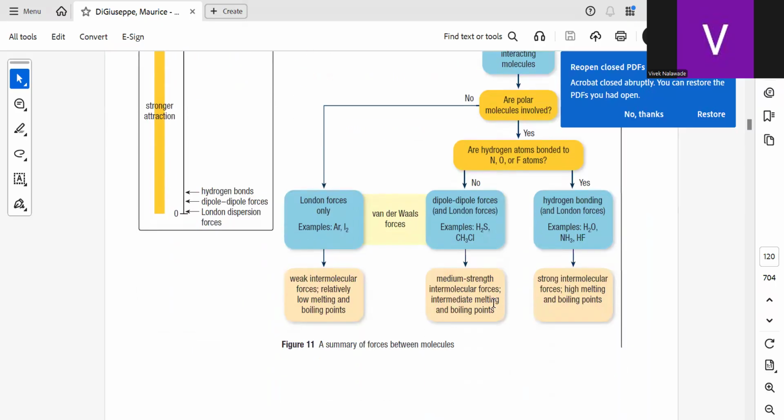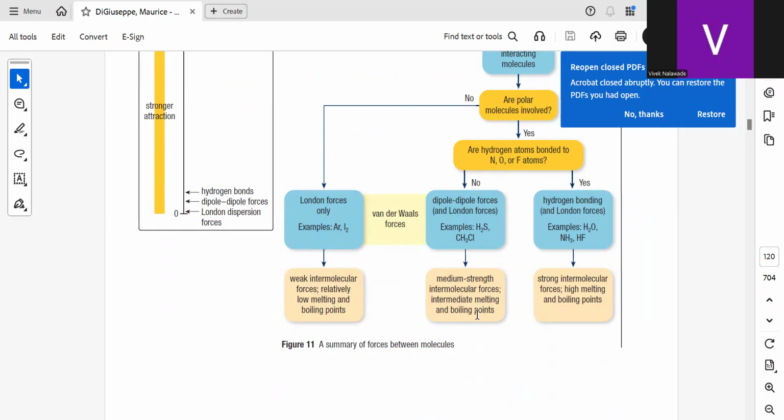Non-polar molecules, polar molecules. If you look at this chart, if it is hydrogen bonding, there are strong intermolecular forces, so the melting point and boiling point will be high. If it is dipole-dipole, then it is intermediate melting and boiling point.